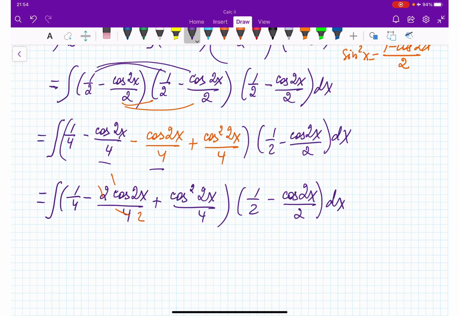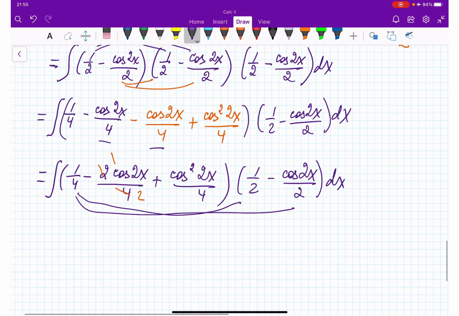Yes? Okay, now let's multiply this also. What we're going to get? 1/4 I'm multiplying by 1/2, and then I'm multiplying by cosine 2x, and I'm getting integral 1/8 minus cosine 2x over 8, right?